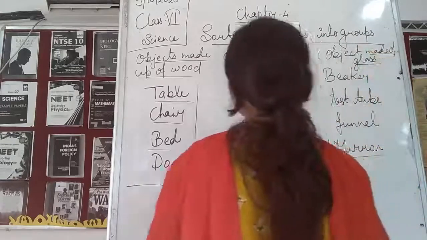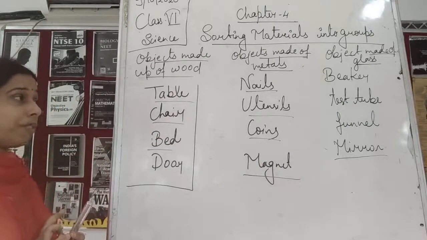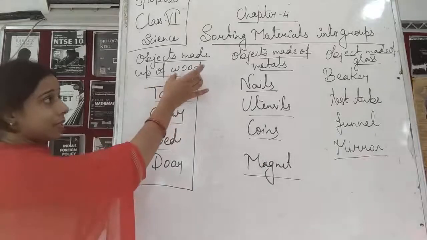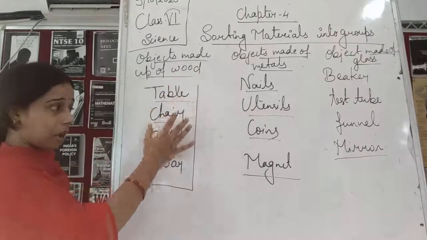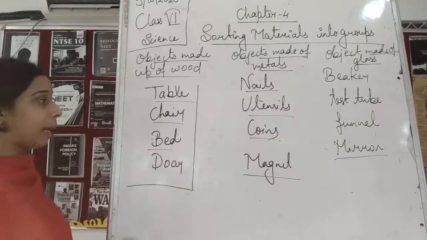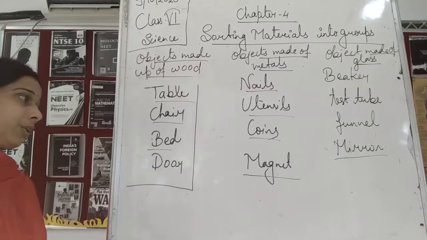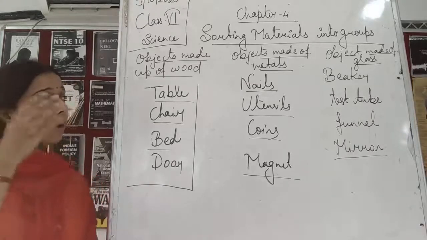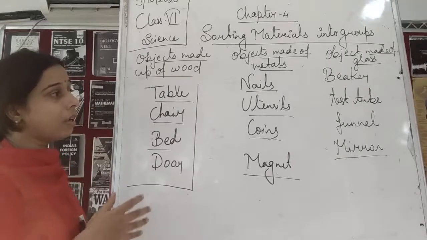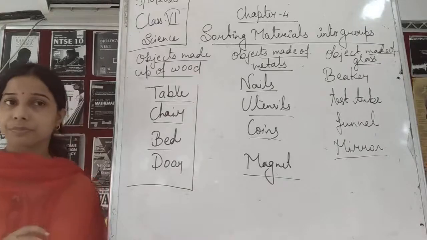You see student, these are the different objects, and this is the material. Wood is the material by which we have made the table, chair, bed and door. Metals: nail, utensils, coin, magnet. And finally with the help of the material glass we made the beaker, test tube, funnel and the mirror also.